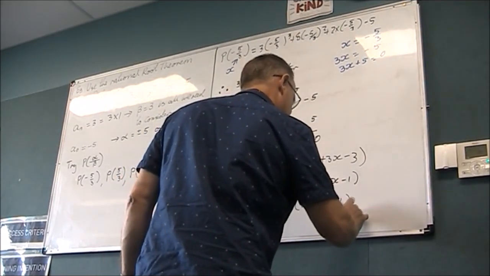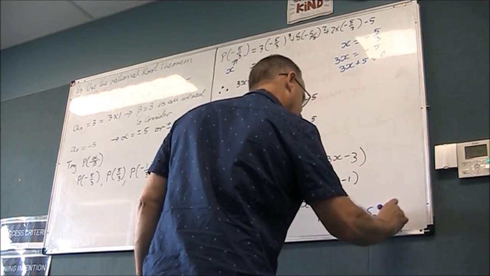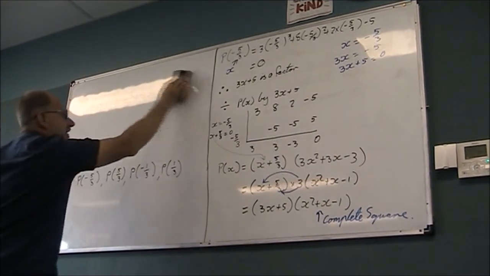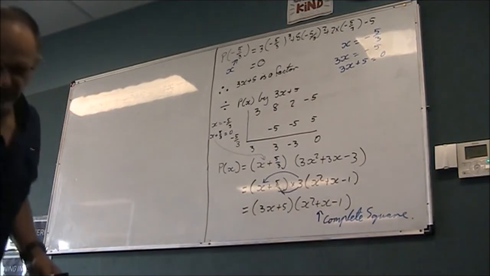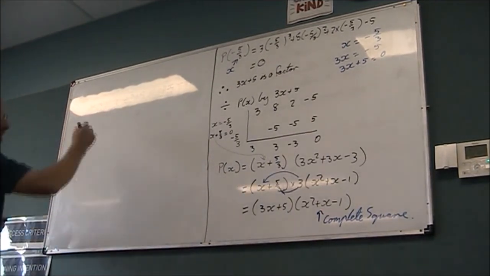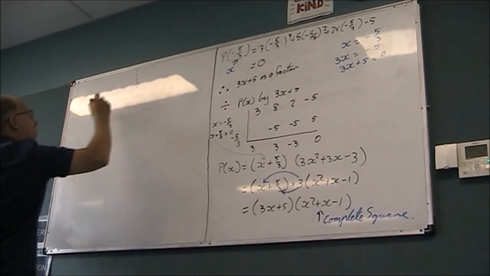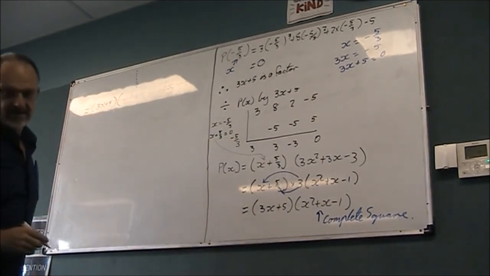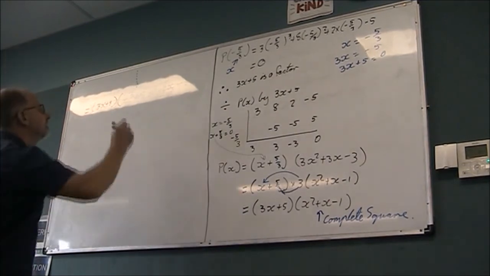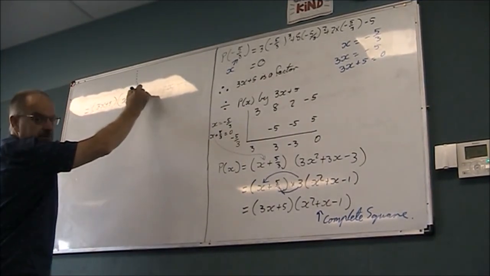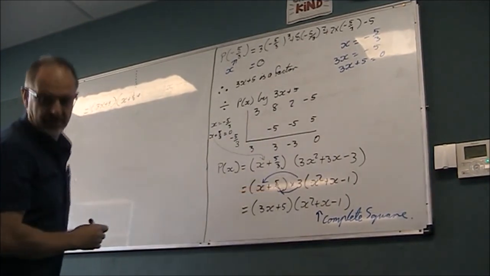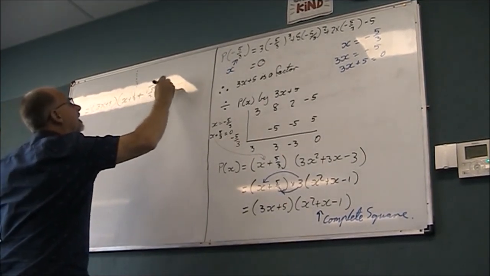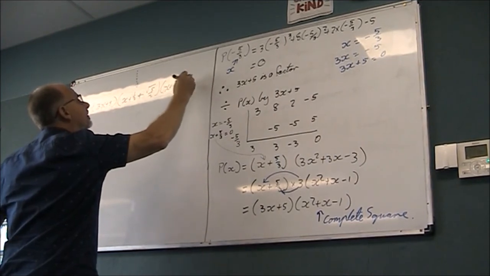So if we complete the square on that, then what you end up with is the following: (3x plus 5), and then two factors which are x plus a half plus root 5 on 2, and x plus a half minus root 5 on 2.